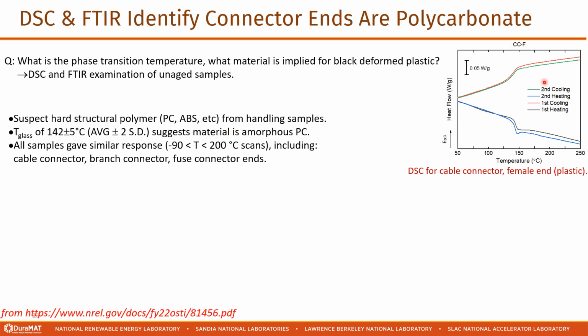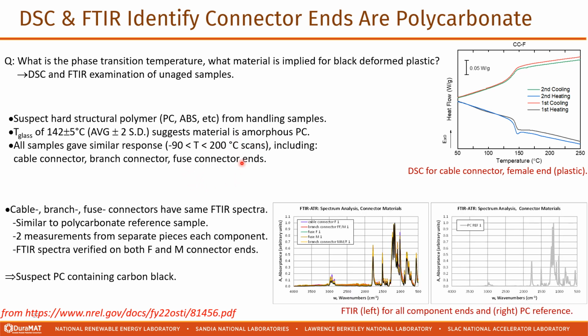On examination, we found a glass transition temperature of like 142 C. This suggests that this is amorphous polycarbonate. And all the samples we looked at through this range gave a similar response, including the cable connectors, branch connectors, and the ends of discrete fuses.